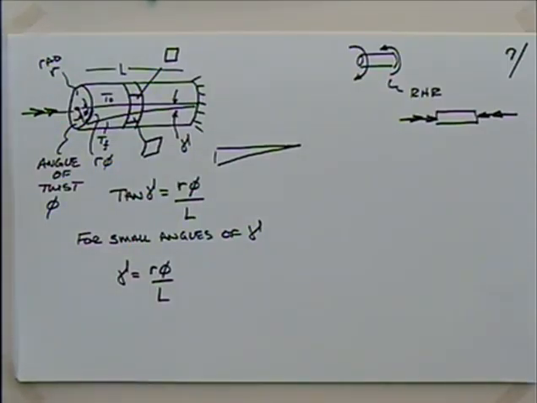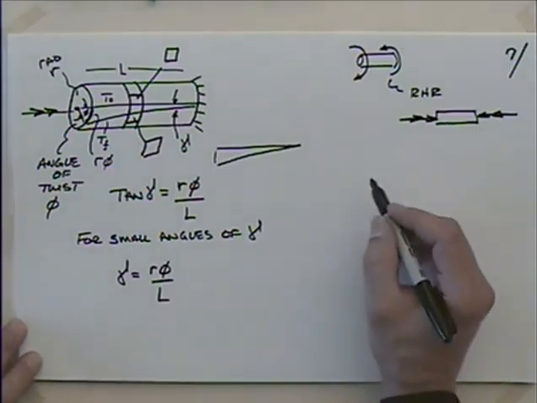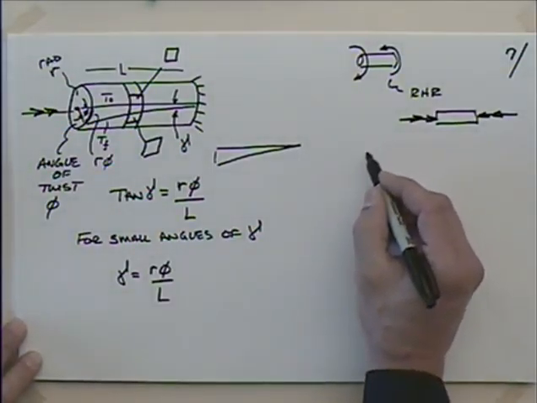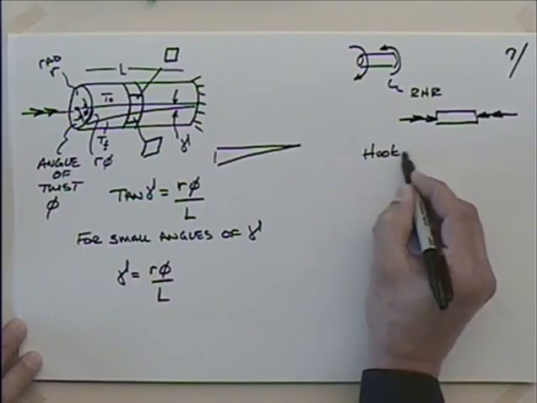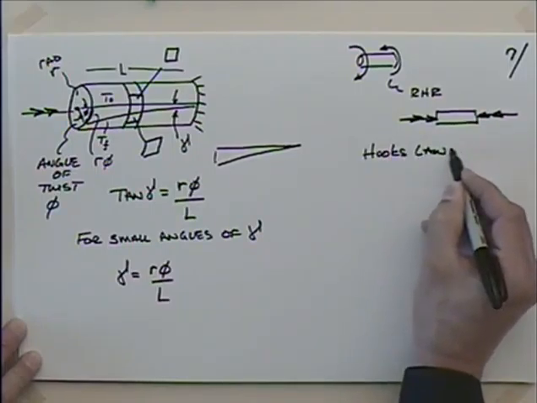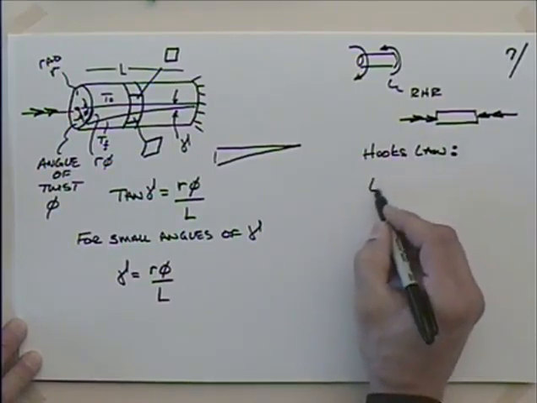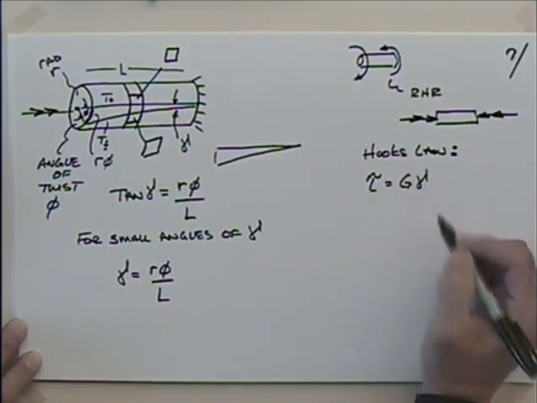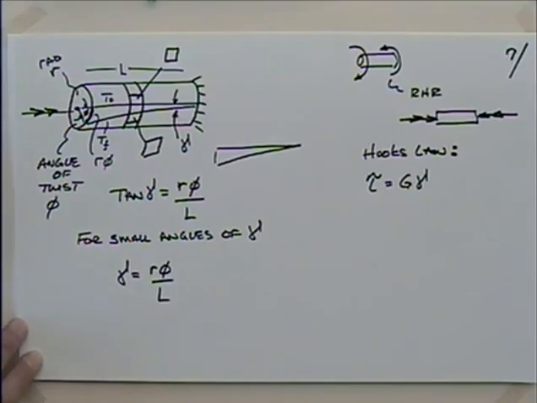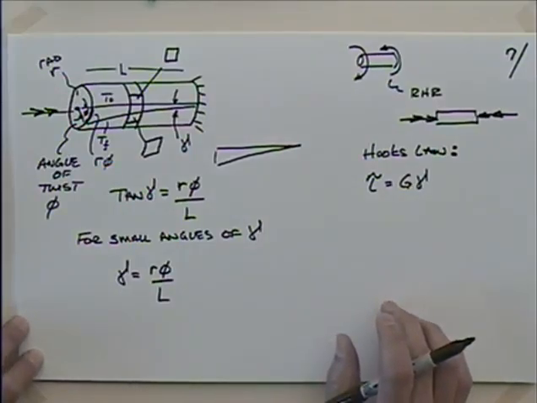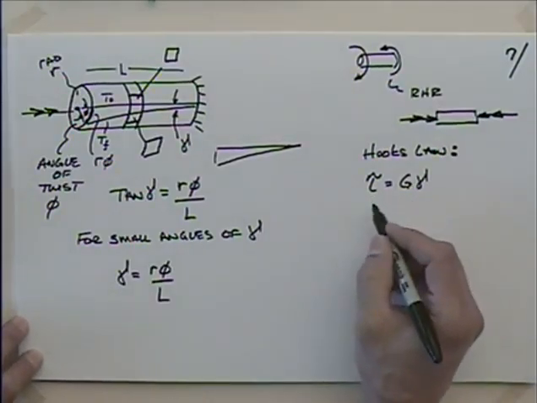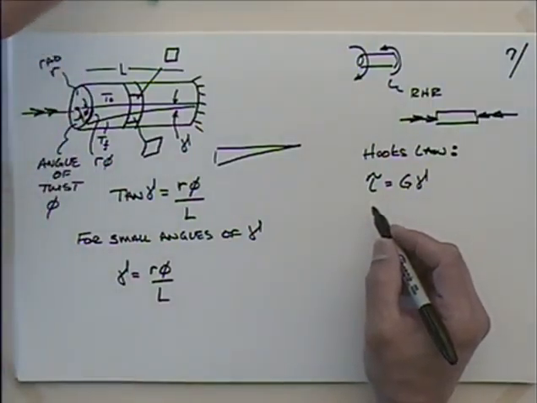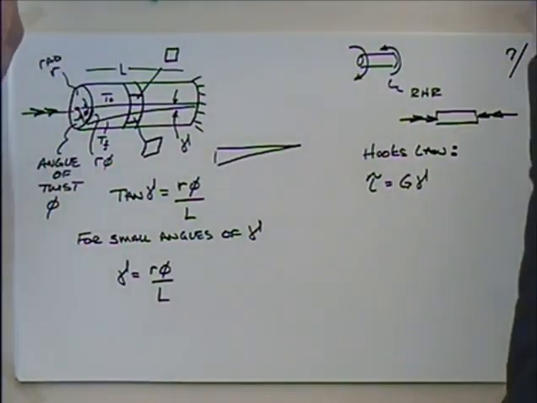The reason I wanted to look at that is I wanted to go back and look at Hooke's law for shear. Remember, the shear stress tau is equal to the shear modulus of elasticity G times the shear strain gamma. We now have something for the shear strain gamma, and we just finished up with tau, on page 6.